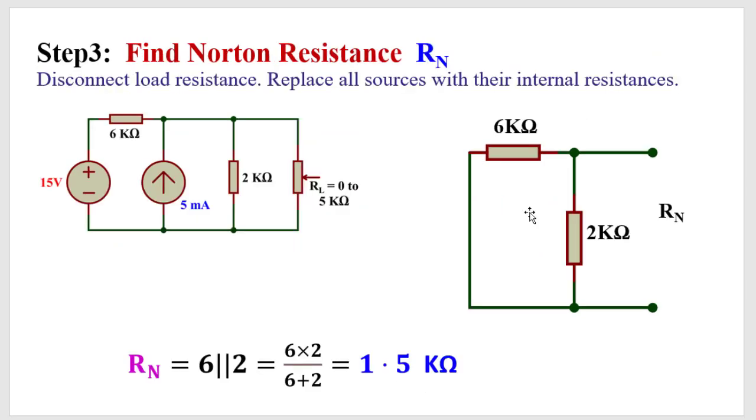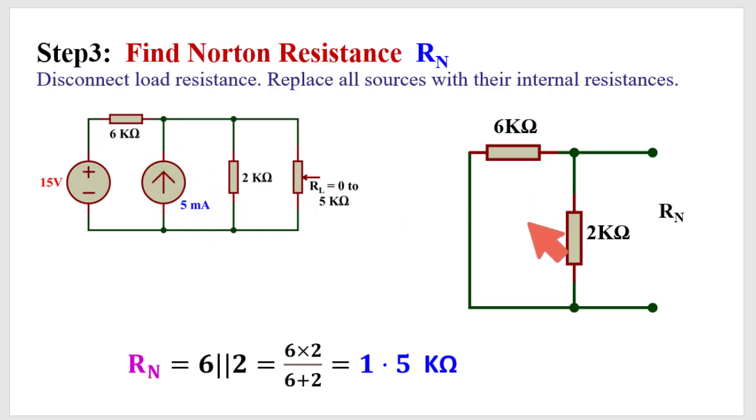Now to calculate the Norton resistance, this load should be removed, and the sources will be replaced by their internal resistance. This is an ideal voltage source, so that is shorted. And this is an ideal current source, whose internal resistance is infinity, so this will be open circuit.